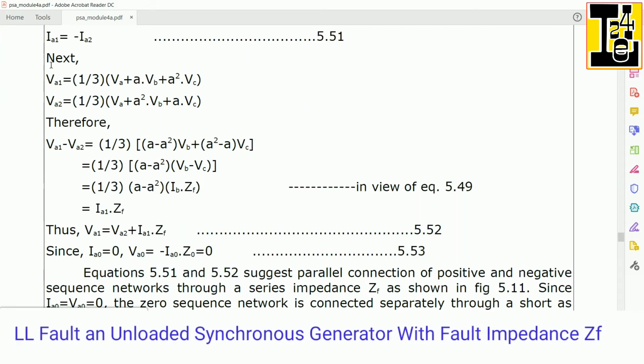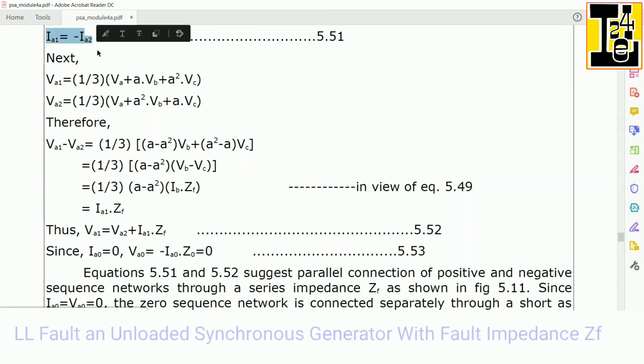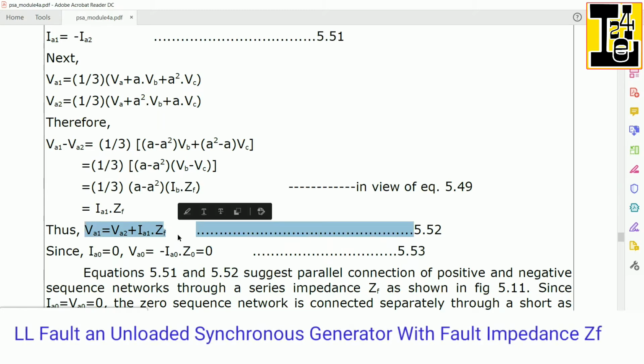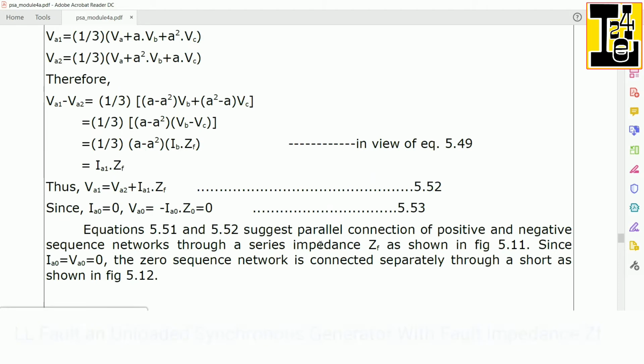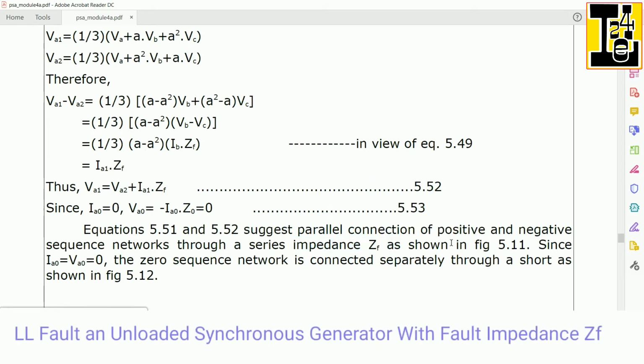So these relations, the sequence current relations and the sequence voltage relations, will suggest that the positive sequence network and the negative sequence network are connected in parallel through a series impedance of ZF.